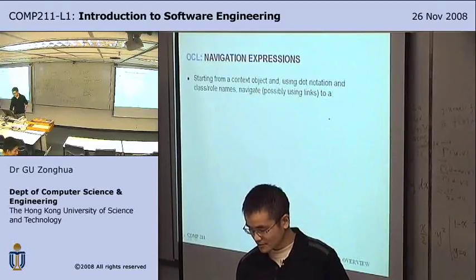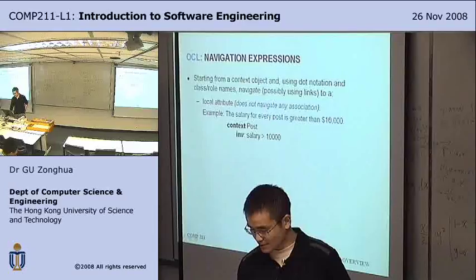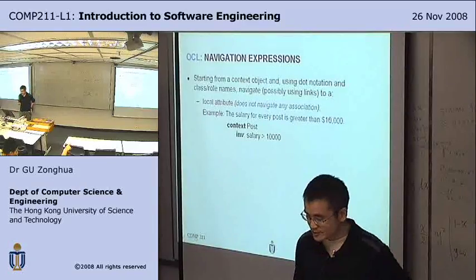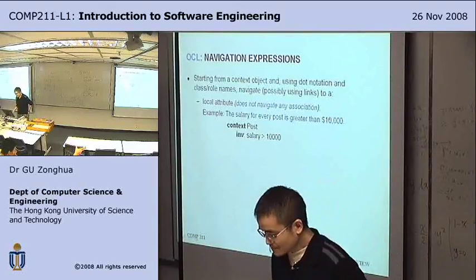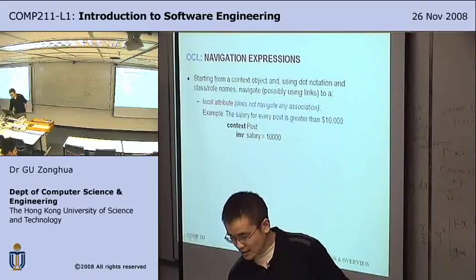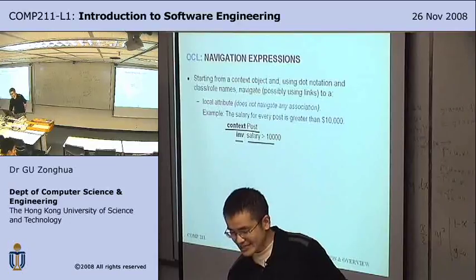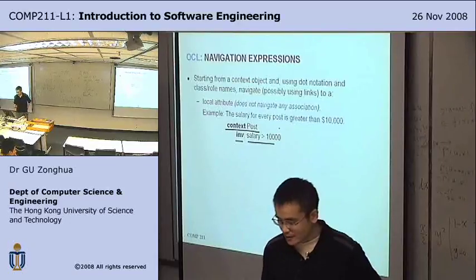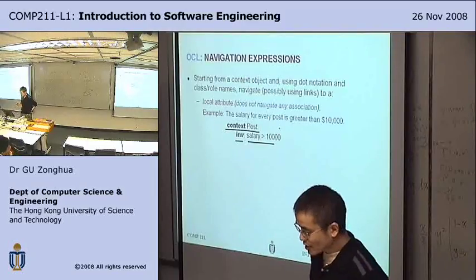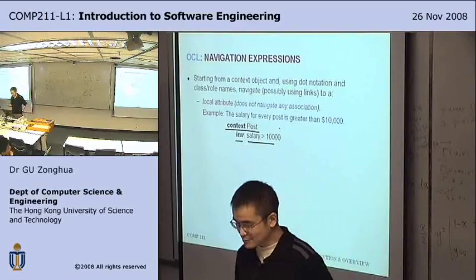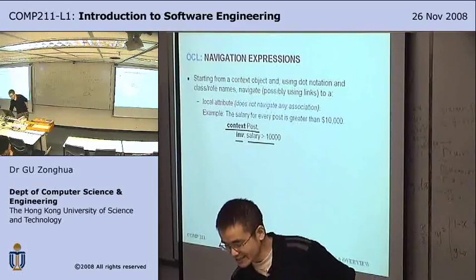Here we see navigation expressions. Here we see context Post invariant colon salary greater than 1,000. Essentially, this is saying that you're starting from a Post object. Notice that Post is the class name.